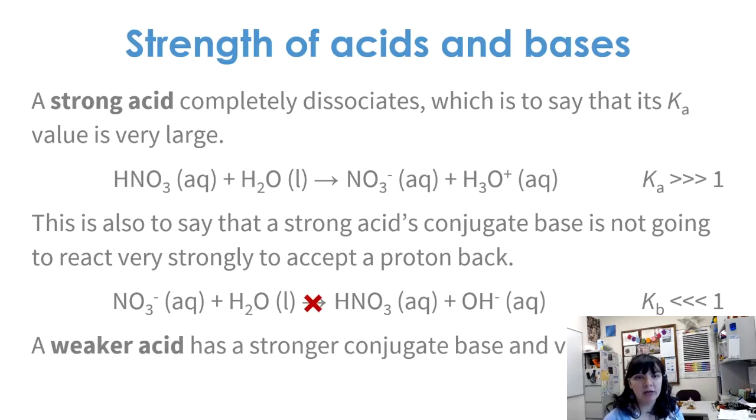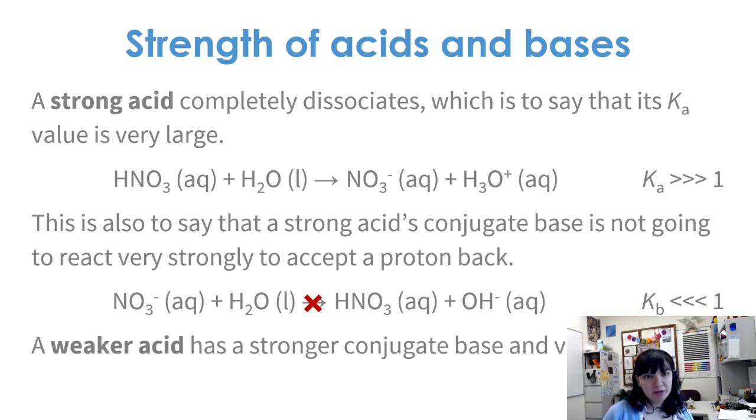So the relative strength of an acid and its conjugate base are inversely related, right? That's to say that if I have a strong acid, it has a weak conjugate base, or for a weaker acid, it will have then a stronger conjugate base, right? So the relationship kind of works like a seesaw where one increases, the other decreases. And the same goes for, say, a weak base, which will have a stronger conjugate acid and vice versa.